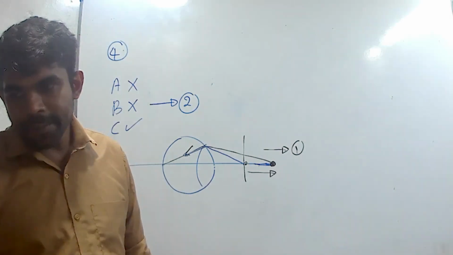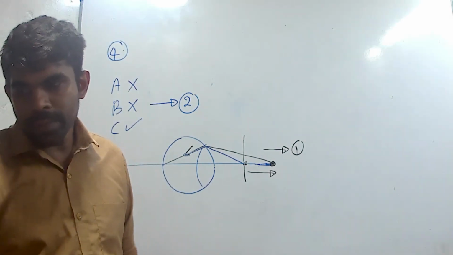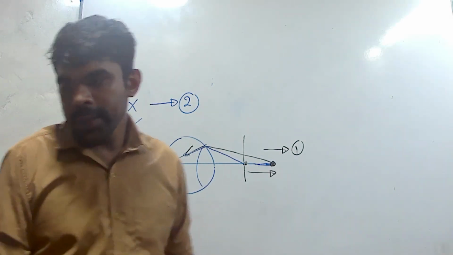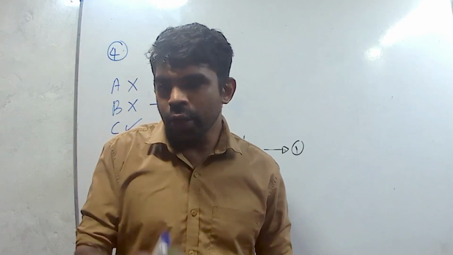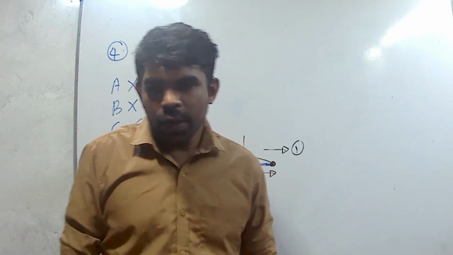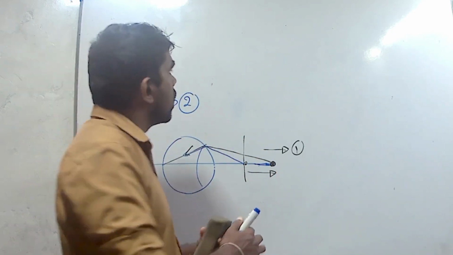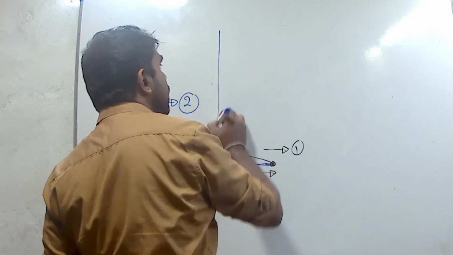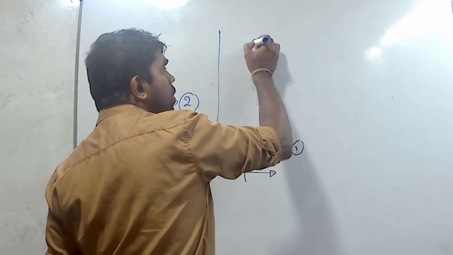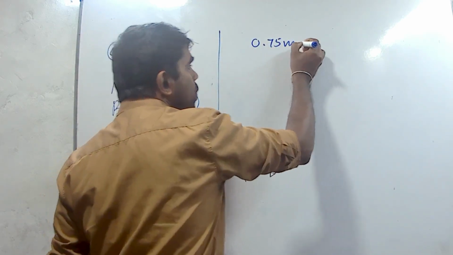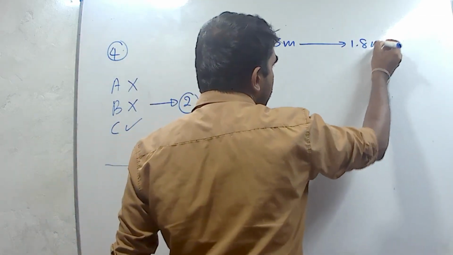He can see objects between 0.75 meters and 1.8 meters.